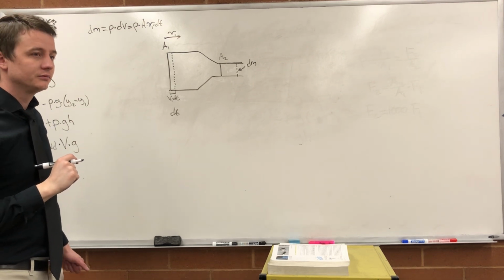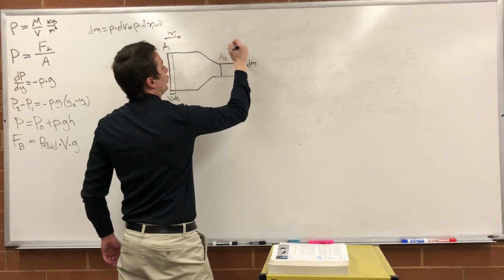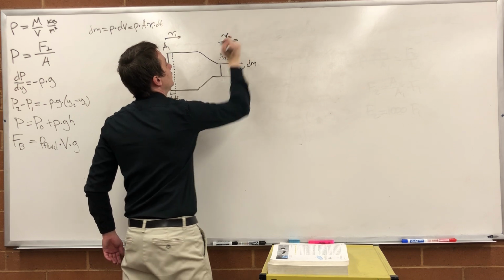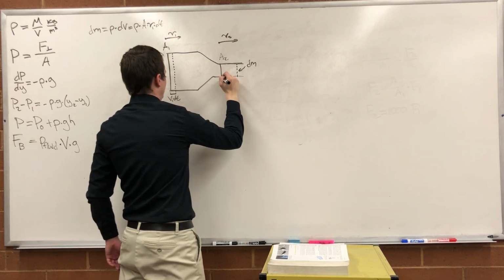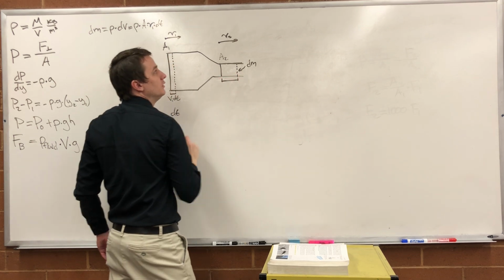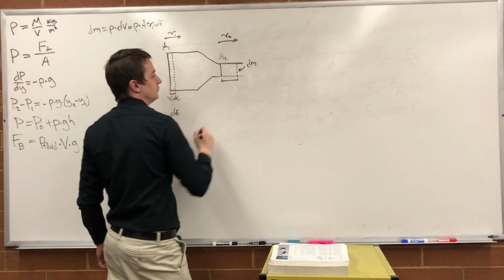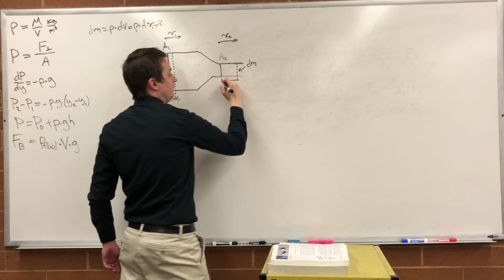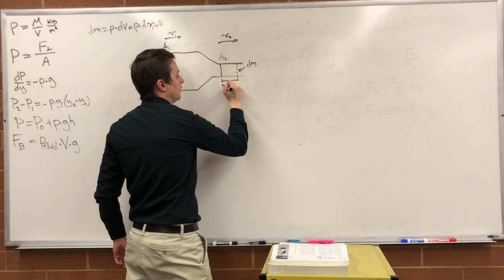So the water here is flowing with some velocity v2. So this distance right here then is just v2 times dt.